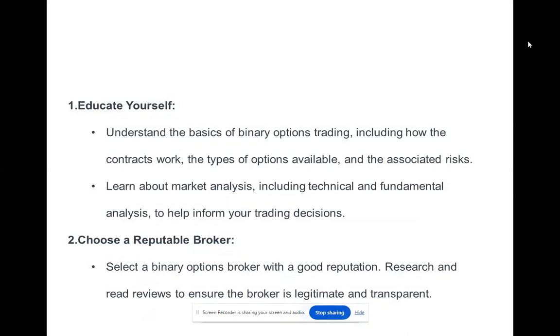Let's say there's going to be news on the USD at 1:30. The first thing you have to do is look at the technical analysis of any currency pair with USD, either as base or counter.